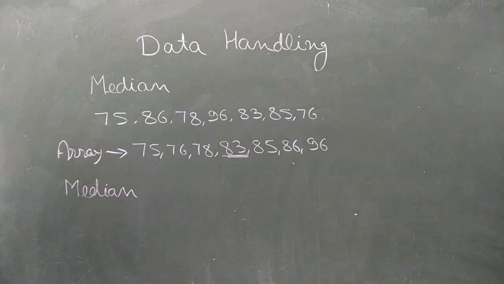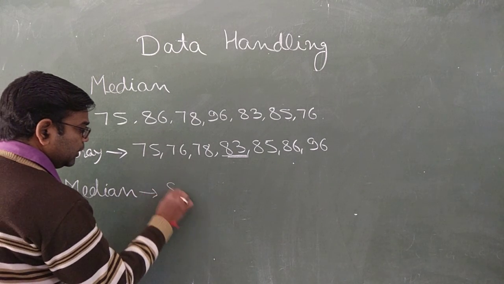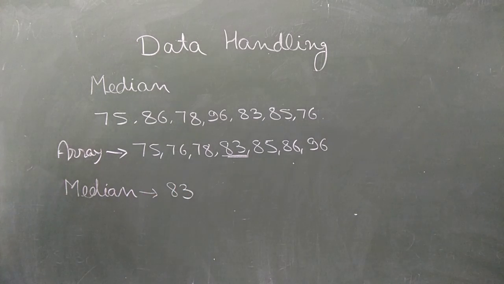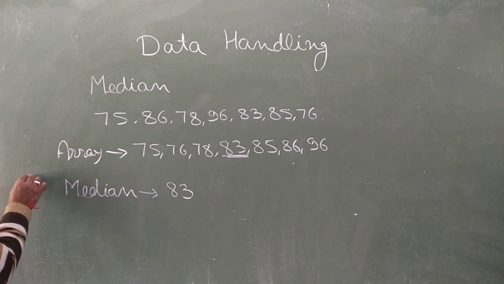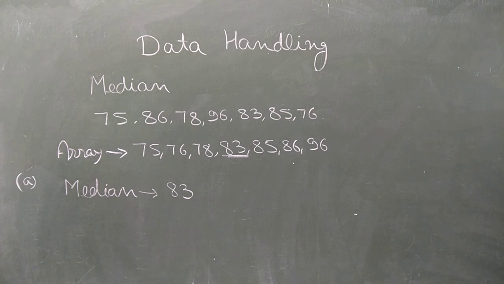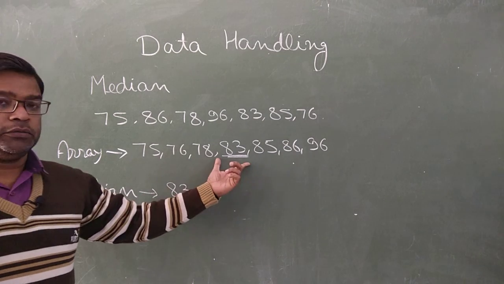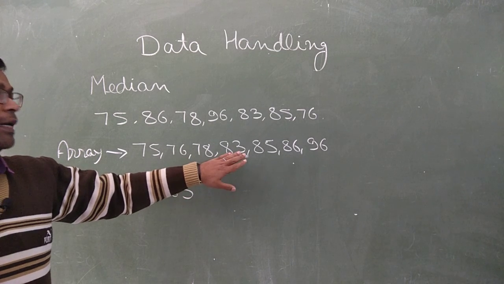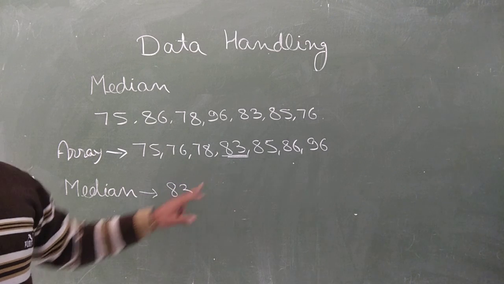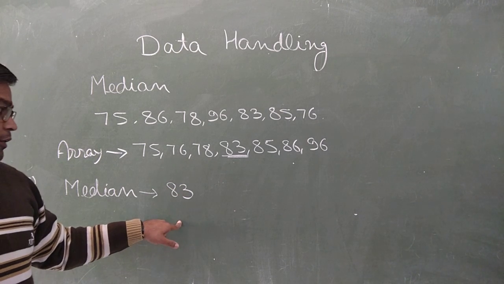So in this case, the median is 83. This is your first part. If the number of data is odd, then we choose the data exactly at the middle. That data is known as the median of the data.